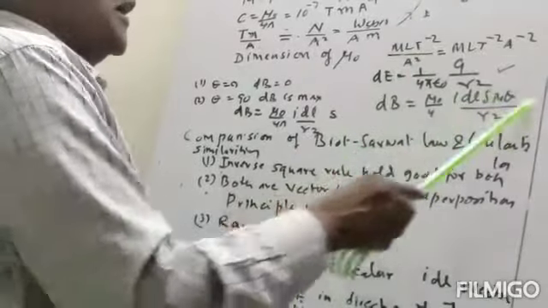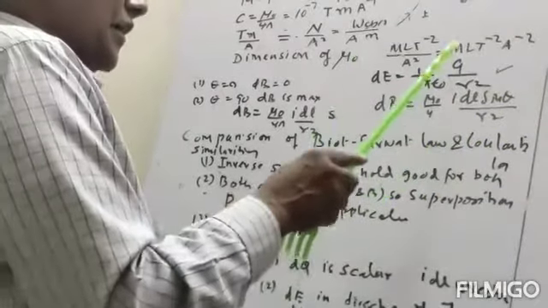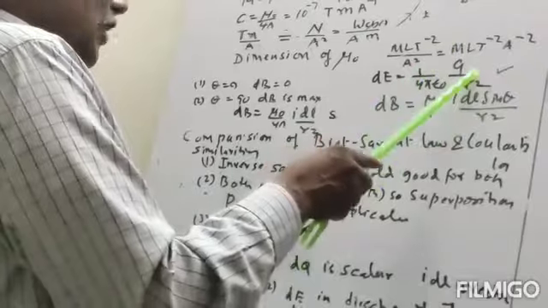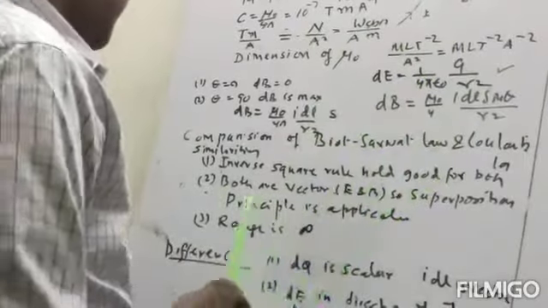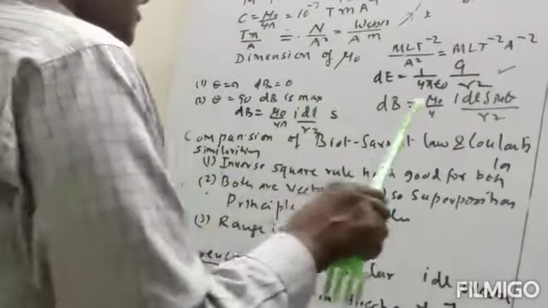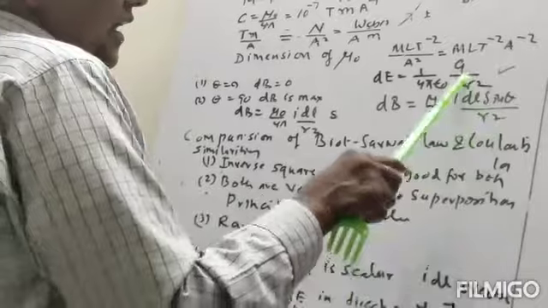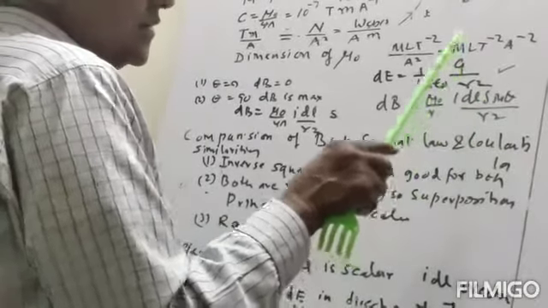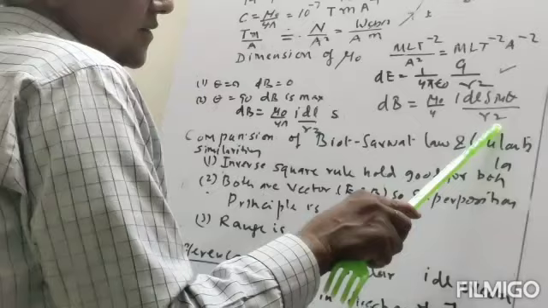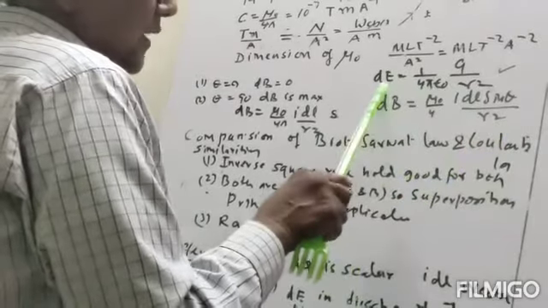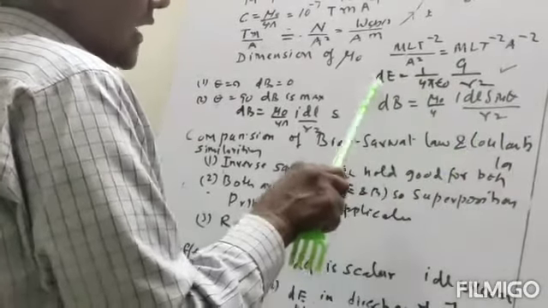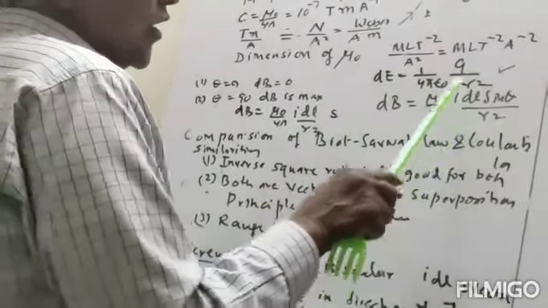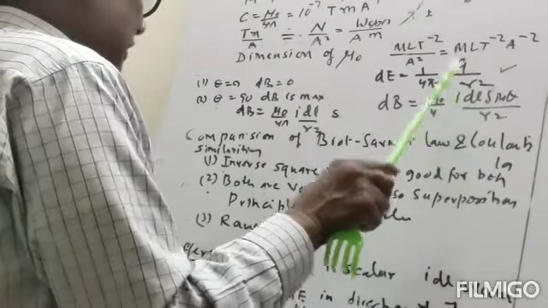So what are the similarities between the Biot-Savart law and Coulomb's law? Number one, both are obeying the inverse square law. dB is proportional to 1 by R squared and dE is proportional to 1 by R squared. So the inverse square law is applicable for both.